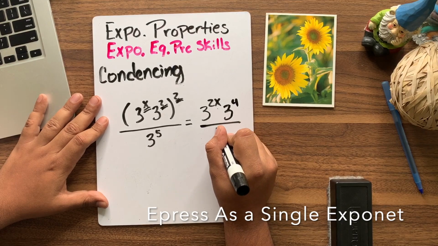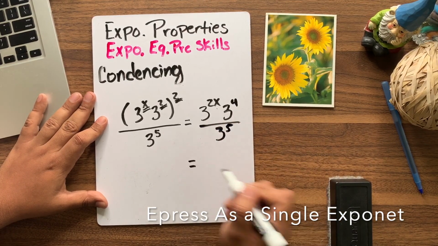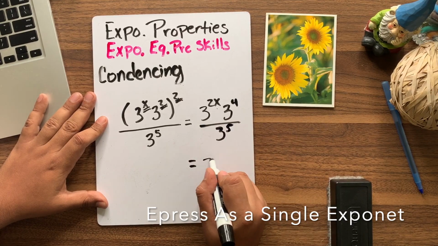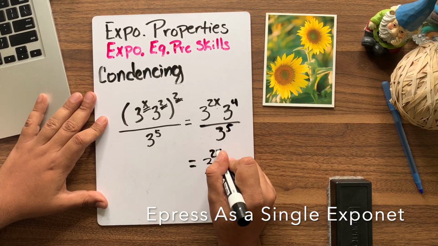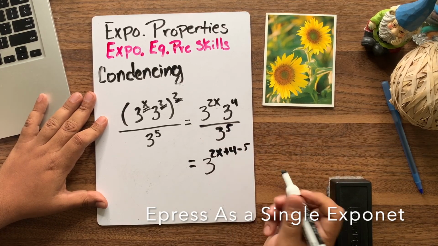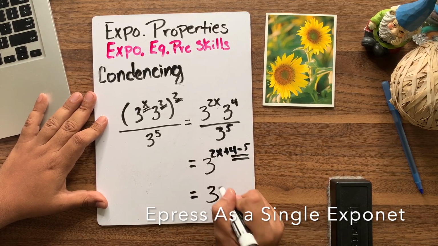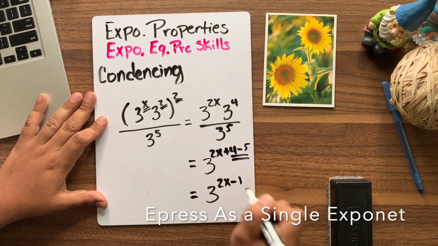And then we end up with 3 to the 5. And this will be 2x is positive, 4 is positive, 5 is negative. We do have like terms at the end. 4 and 5 are both numbers, so we end up with negative 1. And there you go.